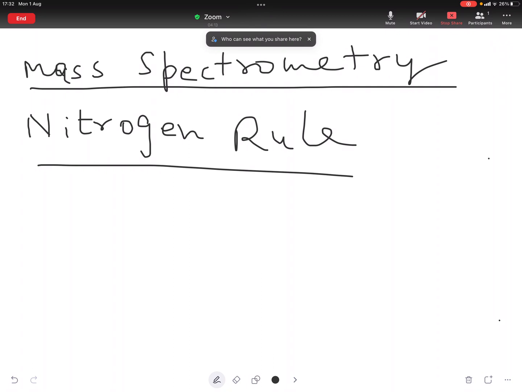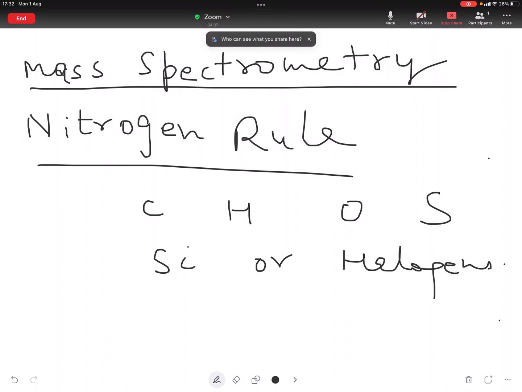An organic compound containing an odd number of nitrogen atoms will have a molecular ion with an odd mass number, provided the other elements present are carbon, hydrogen, oxygen, sulfur, silicon, or halogens. Similarly, a molecule with even molecular weight contains either no nitrogen or an even number of nitrogen atoms.